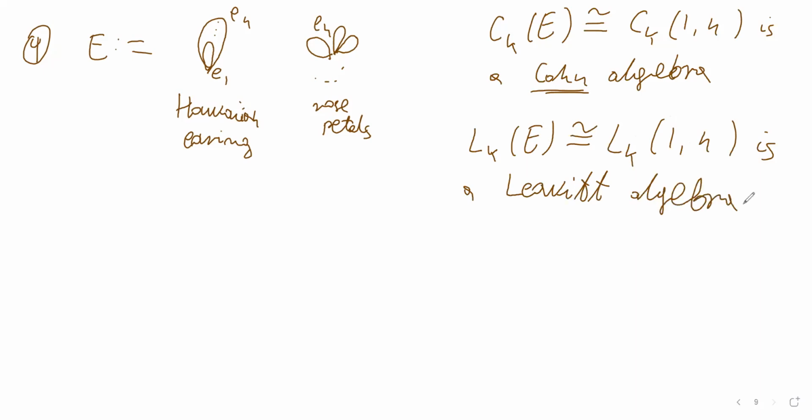But this I can explain. Because Leavitt was interested in the following problem. You see, when you have a commutative ring and you have a free module over it, it might not enjoy having a dimension. So you know that when you have a vector space, which is a free module over a field, then of course there is a dimension.